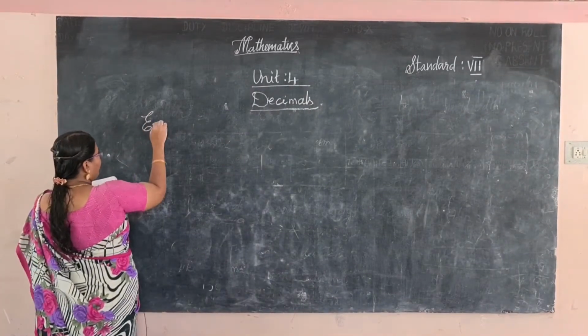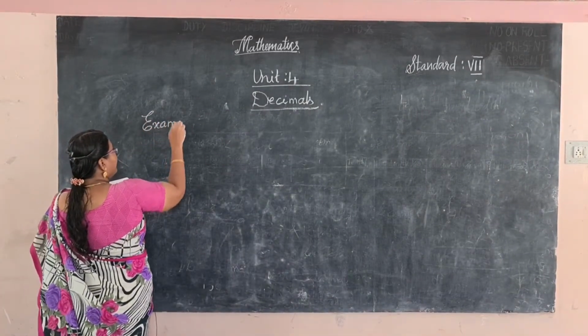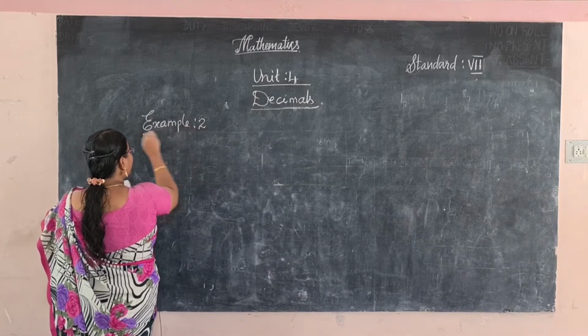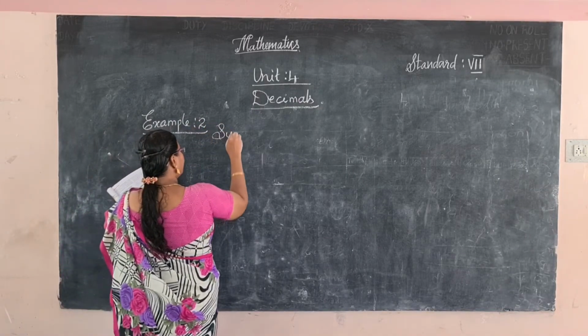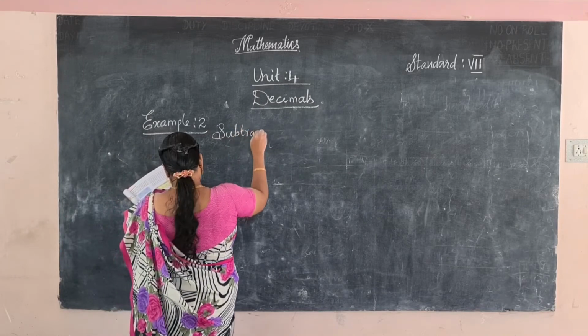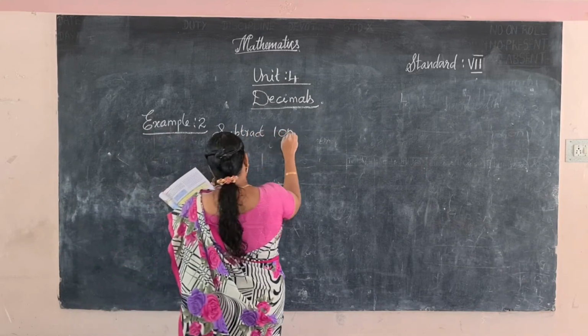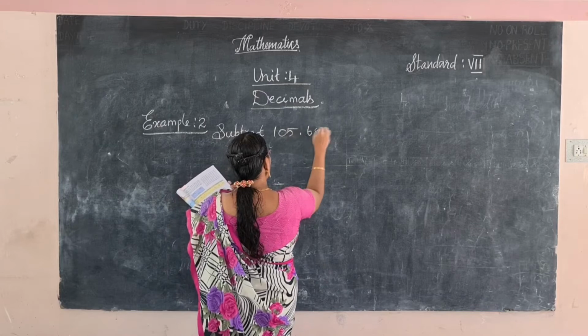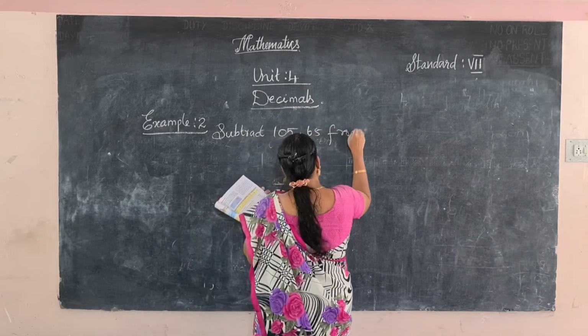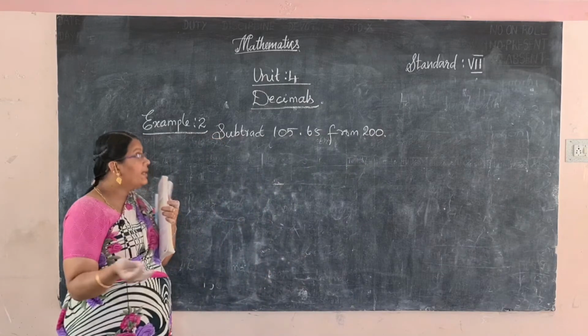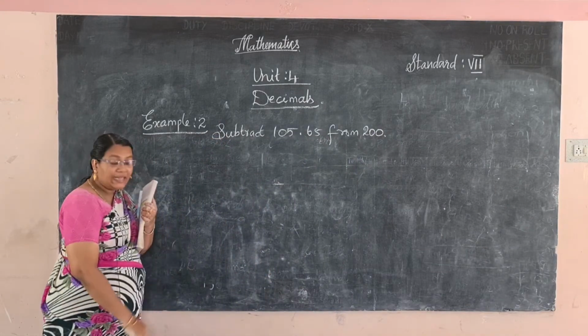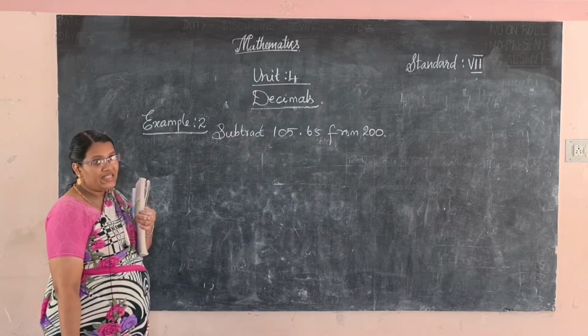Now see example 2. Subtract 105.65 from 200. From 200 you have to subtract 105.65.